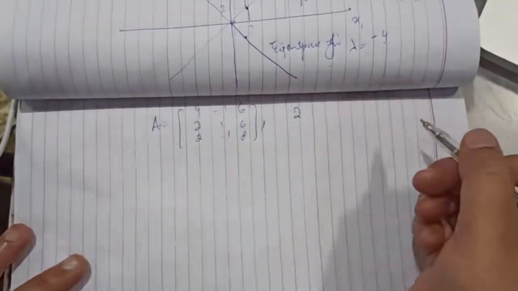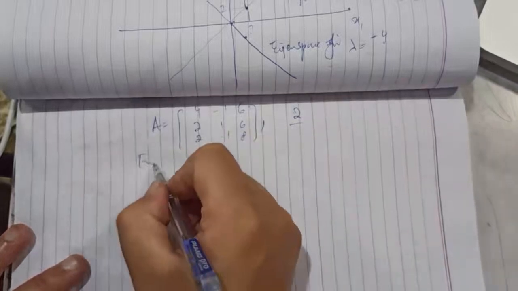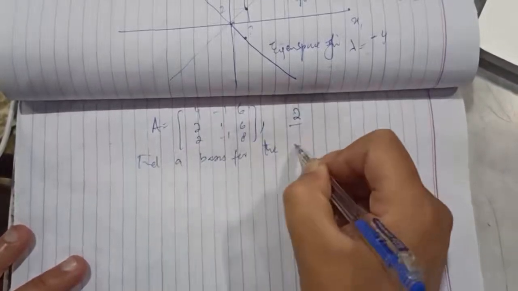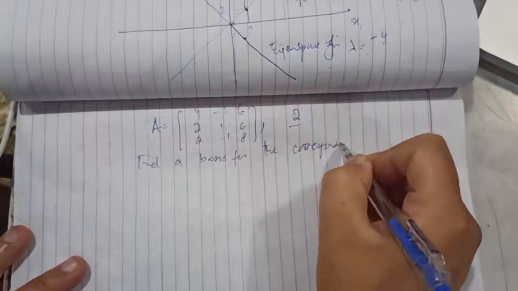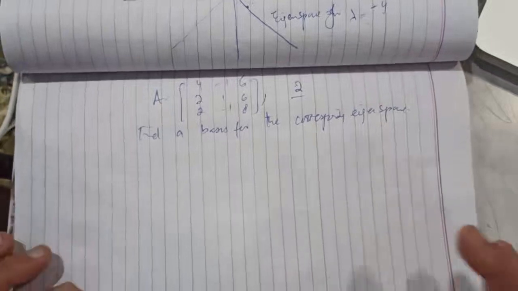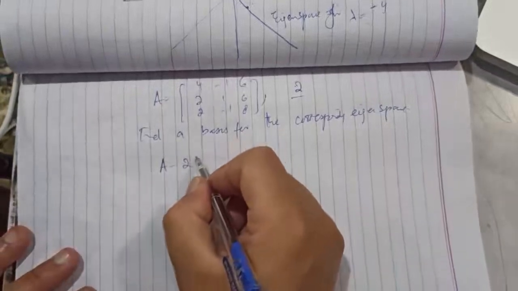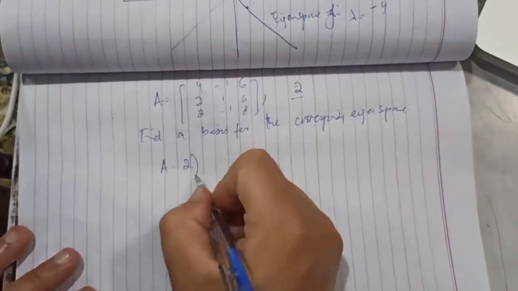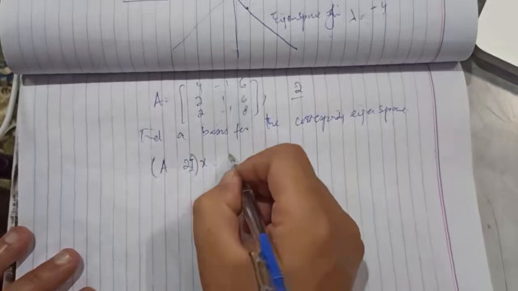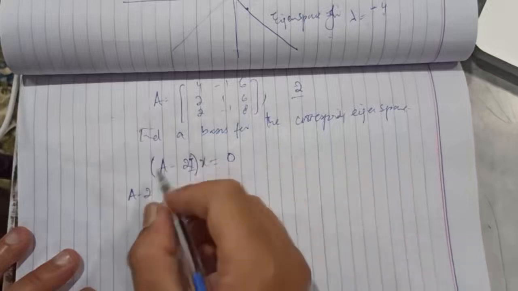We have to find the basis for the corresponding eigenspace. In that case we know it becomes (A minus 2I)x equal to 0, again the solution to a homogeneous system of linear equations.